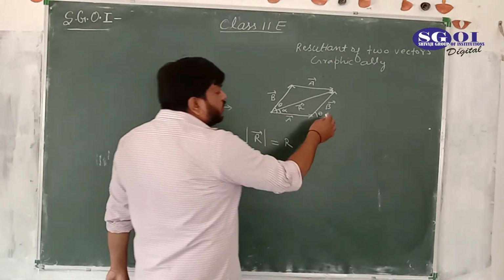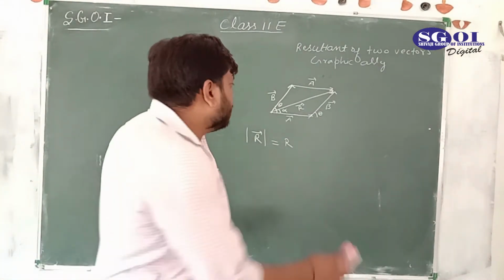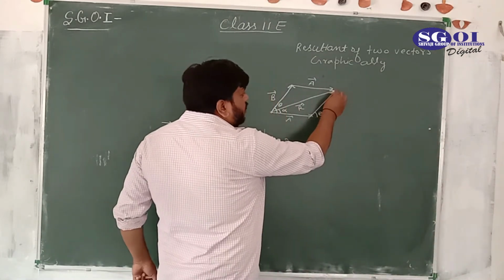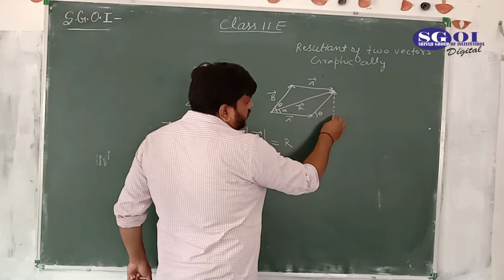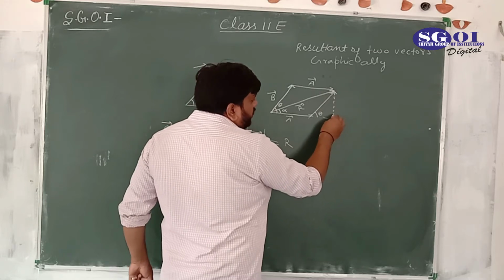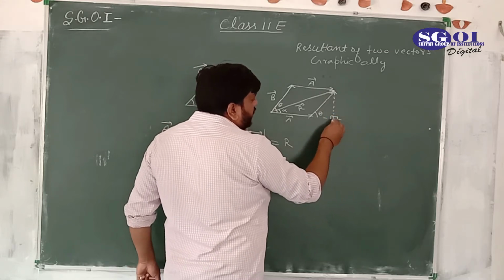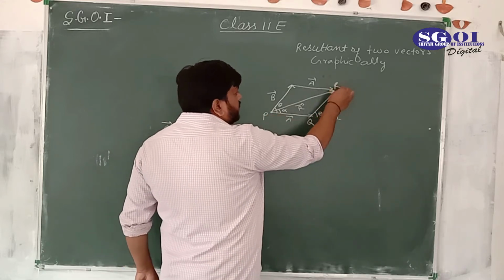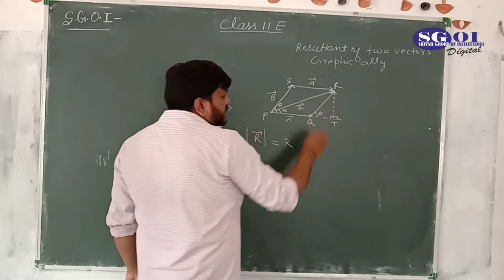So for that we would construct here, we would draw a perpendicular from here. This is the perpendicular, 90 degrees, and say this point is P, this is Q, this is R, this is S, and this is T. These are the points.